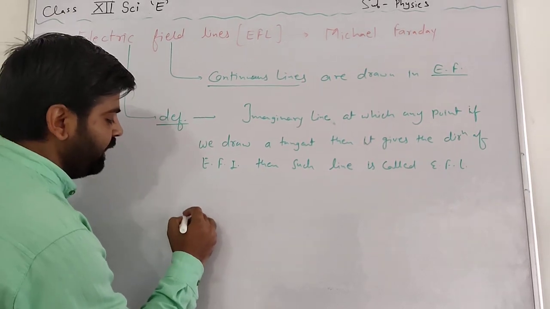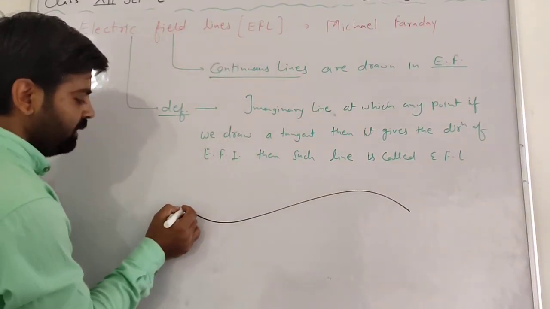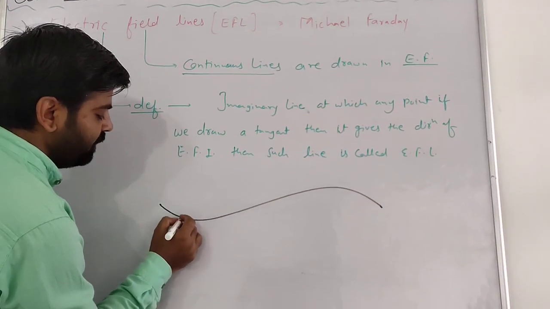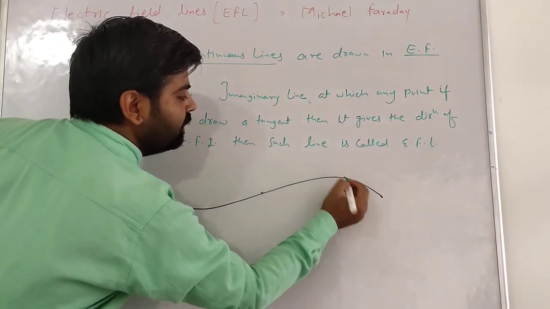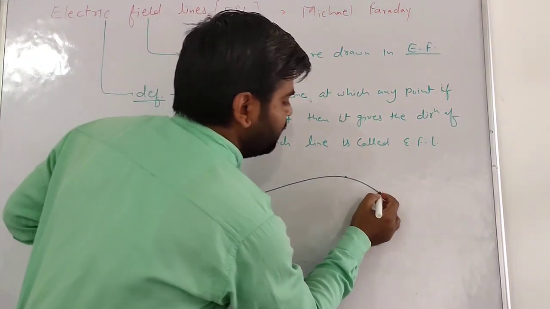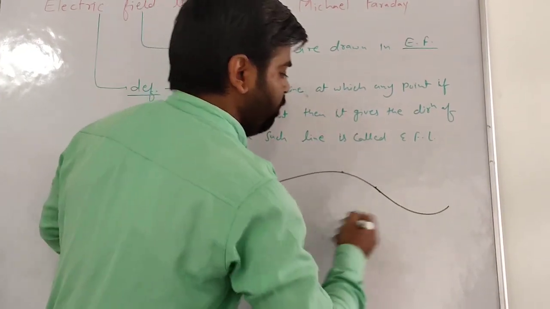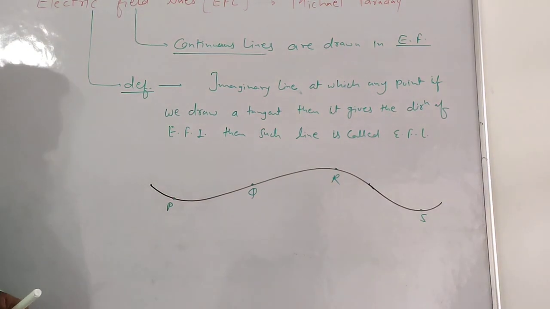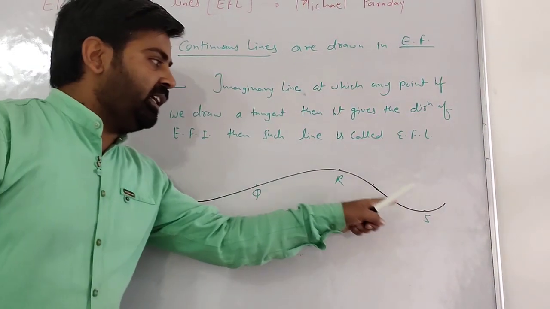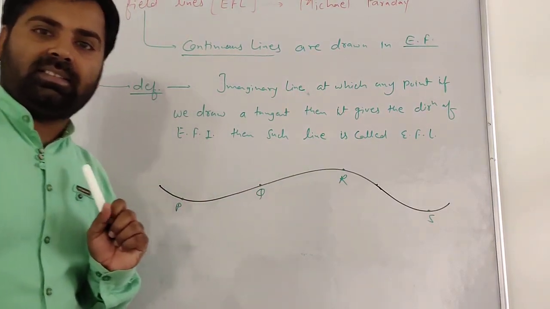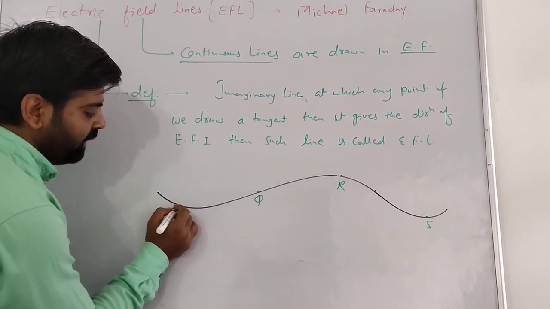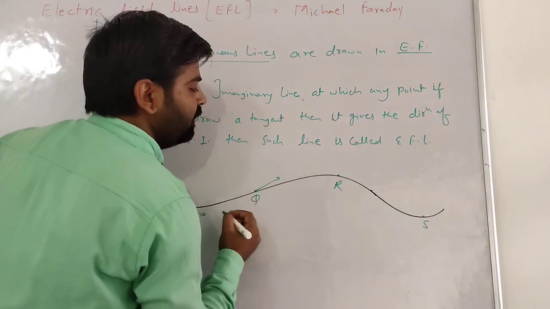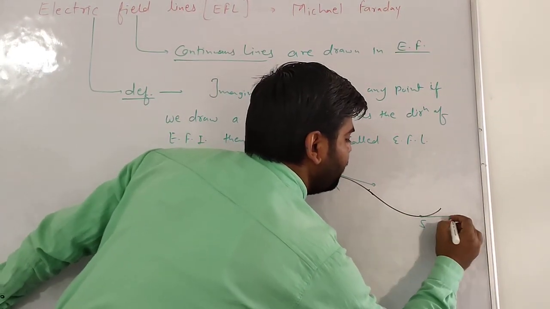If we draw an imaginary line in this way, and we consider 4 points, the names of the points are P, Q, R and S. This is the imaginary line at which we consider 4 points P, Q, R, S, at which any point, if we draw a tangent, we draw a tangent at point P in such a way, at Q point in this way, at R point and at S point.